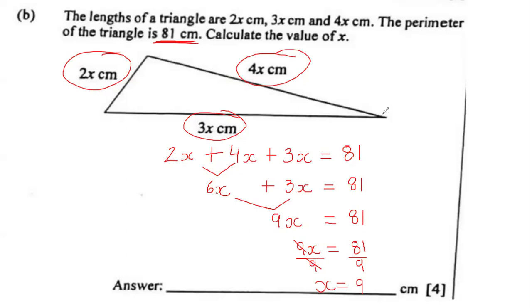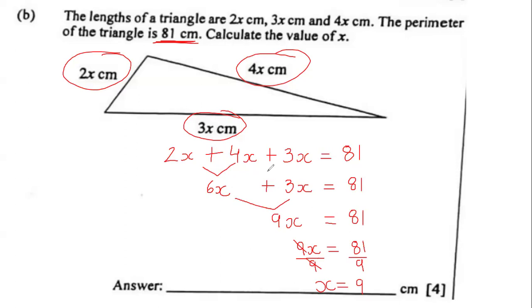Now I need Gilbiana to explain how we got x equal to 9. Yes, sir. So what we did is we got 2 plus 4 plus 3, which equals 81. Well, the perimeter of the triangle equals 81. We add 2 plus 4, which is 6, and then we brought down the 3 and the equal sign and the 81.